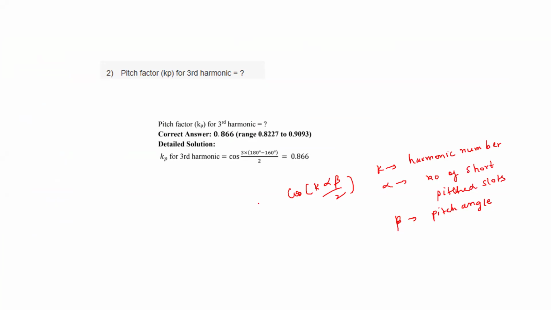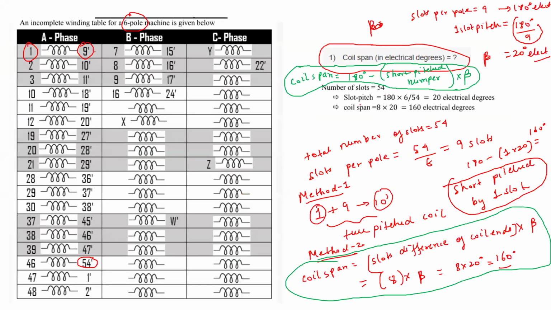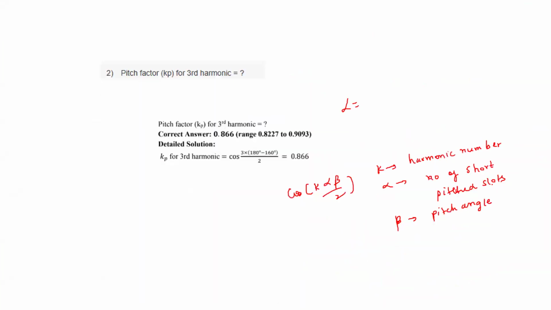So here in this formula, you just have to feed. We know that our alpha in this example we found out to be short pitched by one slot. So our alpha is 1 in this example, and beta was 20 degree. So alpha beta is 20 degree.